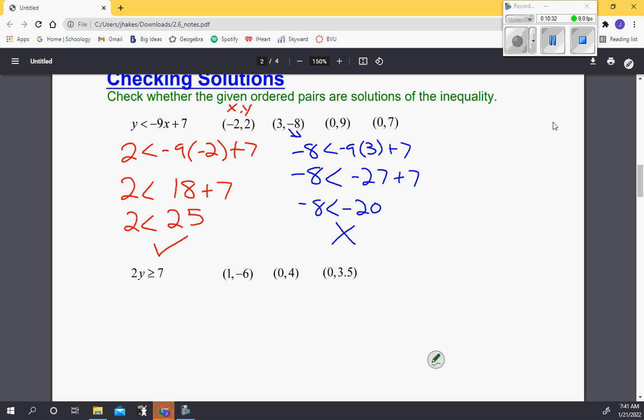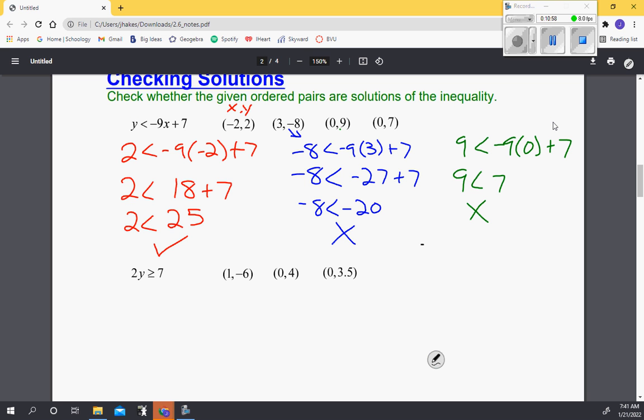Okay, next, 0, 9, we're just going to plug in those. So 9 in for y. Negative 9 times 0 plus 7. I know negative 9 times 0 is just 0. So is 9 less than 7? The answer is no. Right? So that one won't work. And lastly, 7, 0.